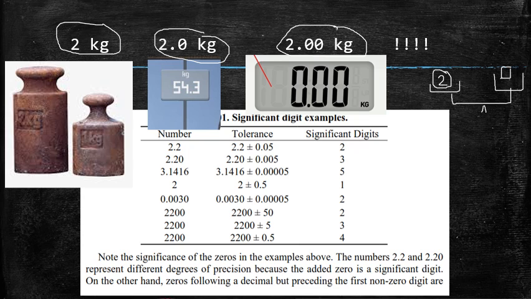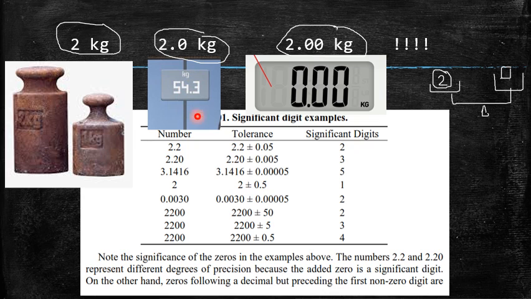In this case, we write down 2 kilogram, and we know it might be 2.1, 2.2, 2.3 till 2.5, or it might be 1.9, 1.8. So we have 2 kilograms with tolerance plus or minus 0.5.